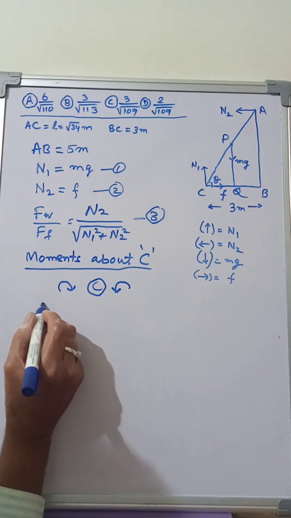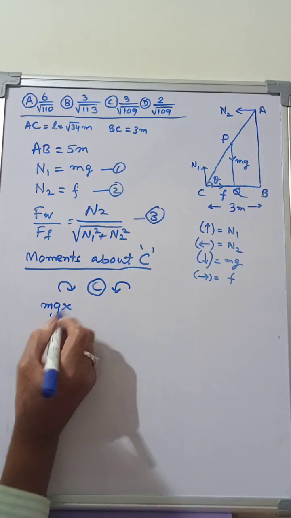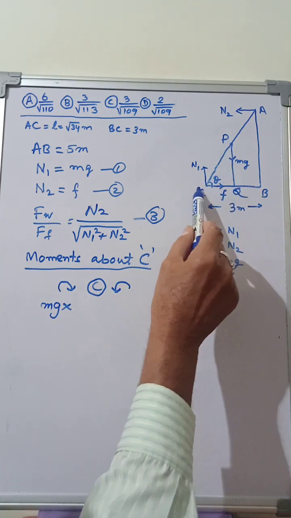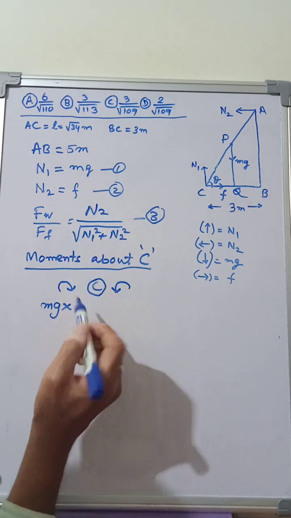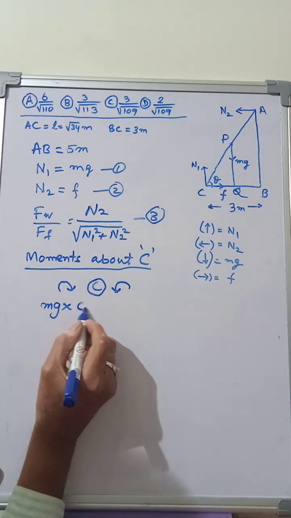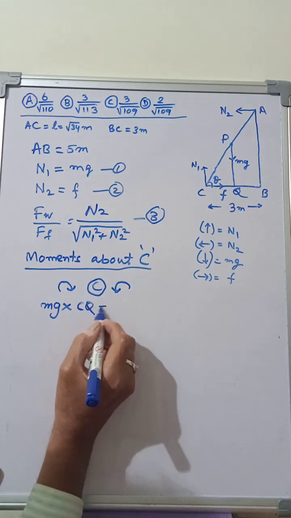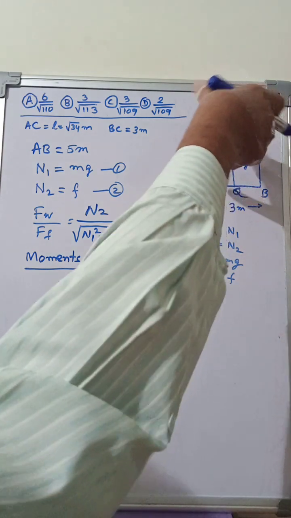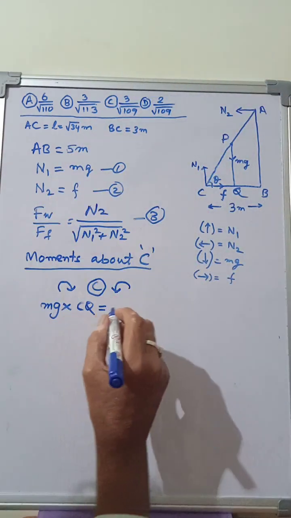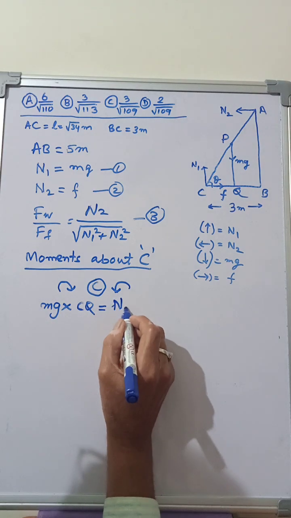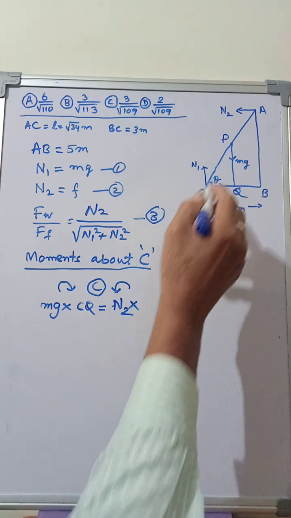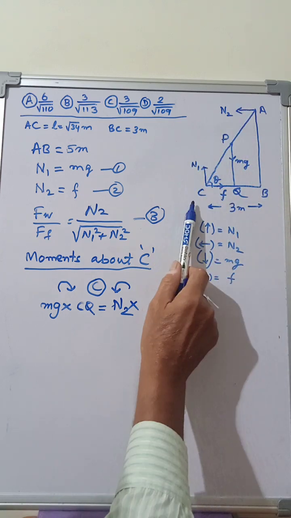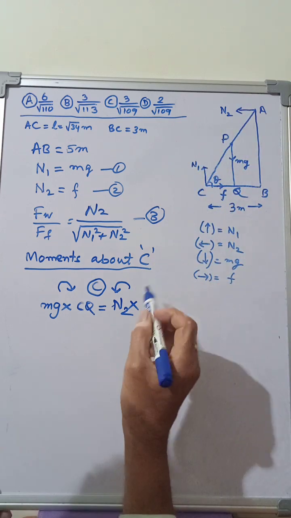Therefore, mg into the perpendicular distance of this line of action of force from C, which is CQ, is equal to anti-clock moment. Anti-clock moment is produced by this N2, so N2 into the perpendicular distance of the line of action of N2 from C, that is equal to AB.